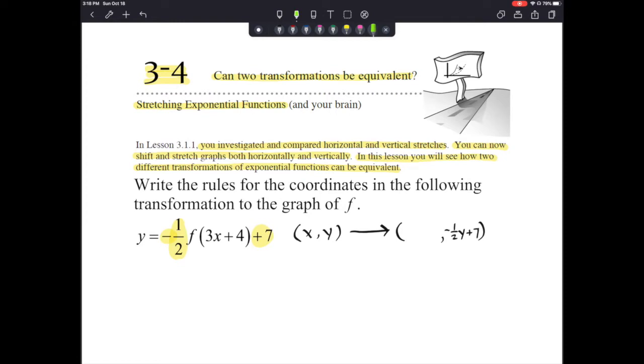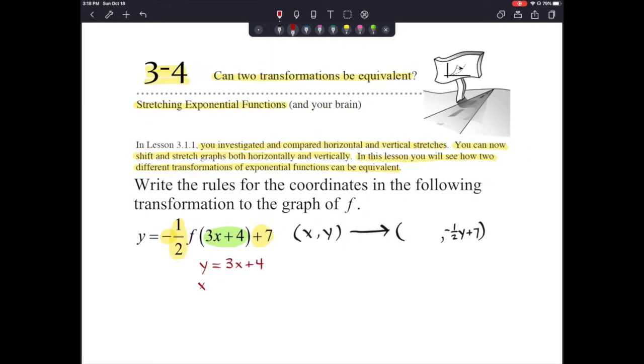Looking inside the grouping symbol here where x is located, we have 3x plus 4. And we need to do the inverse of what's happening in there. Just a quick reminder, if you don't remember how to do it, all you're going to do is write it out, set it equal to y, flip-flop your x and your y, and then solve it for y.